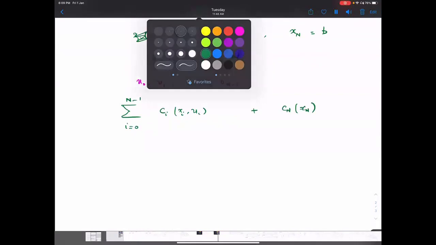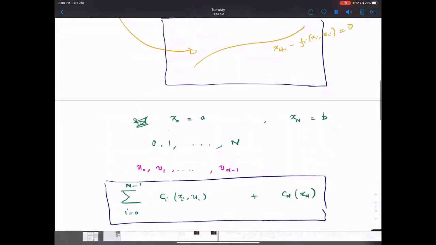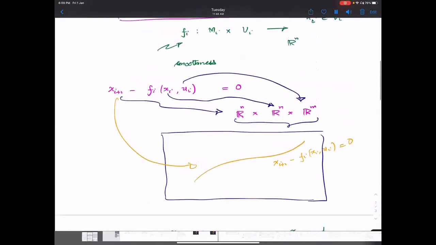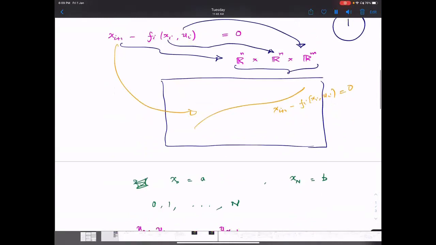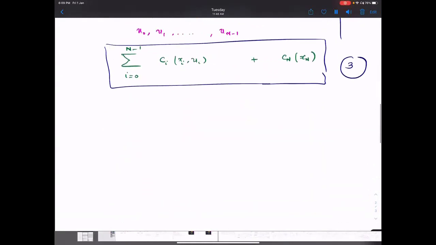This is your measure of performance. So let's write these things down. You have a state evolution description, you have initial conditions, final conditions, you have a measure of performance, then you will have constraints.